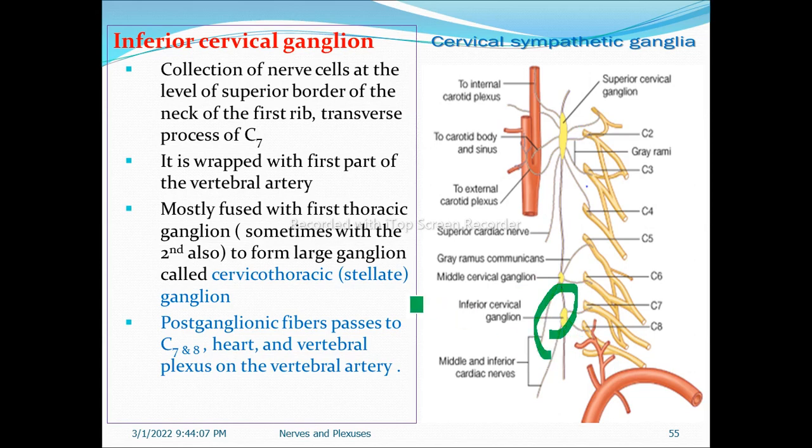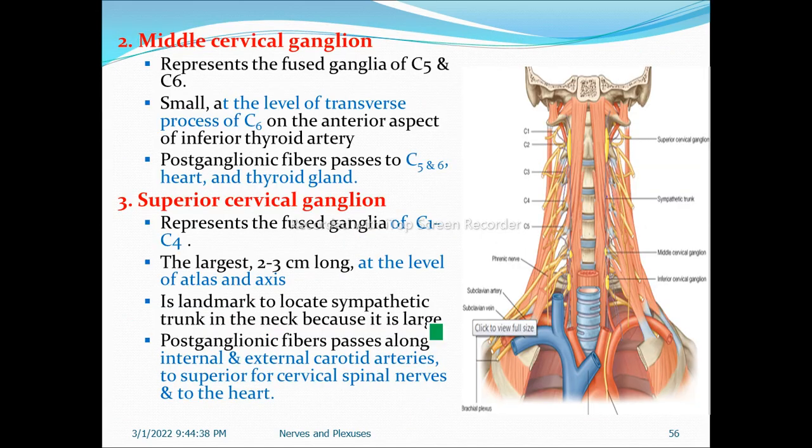It is wrapped around the first part of the vertebral artery, and mostly fused with the first thoracic ganglion to form a large ganglion called the cervicothoracic or stellate ganglion. The postganglionic fibers pass to C7 and C8, heart, vertebral plexus, and the vertebral artery. So this is about the inferior.